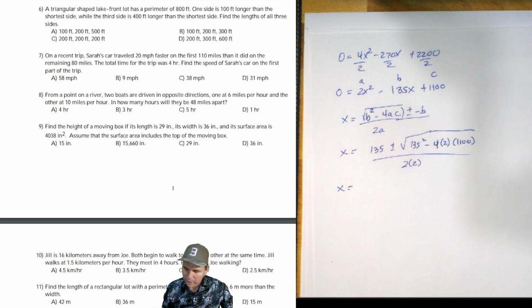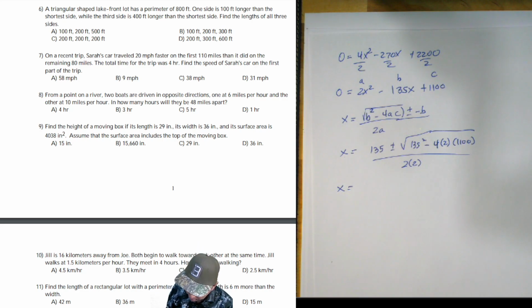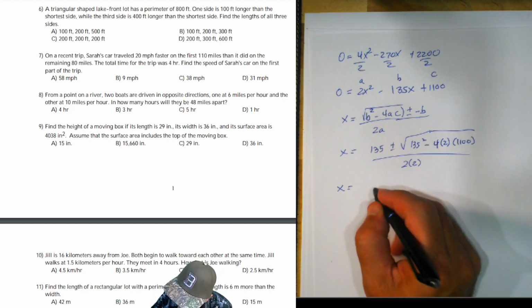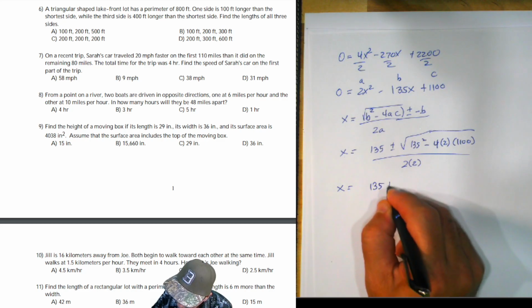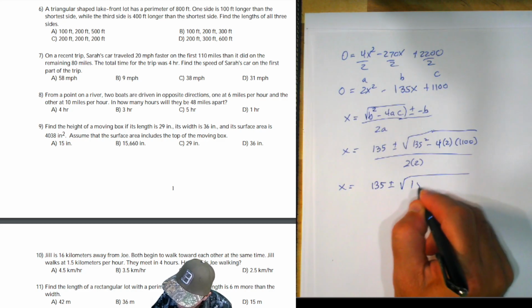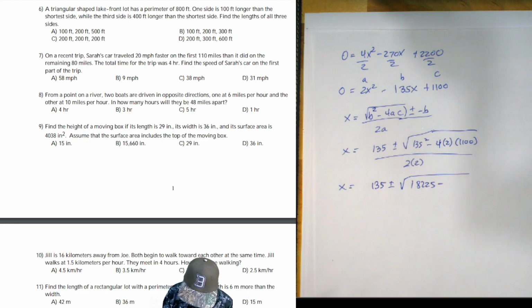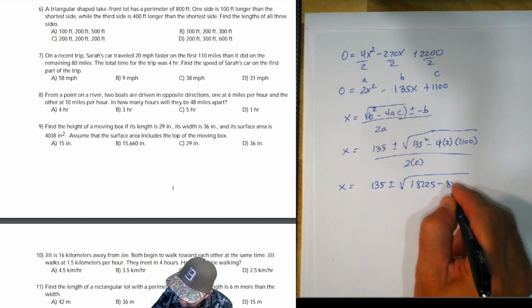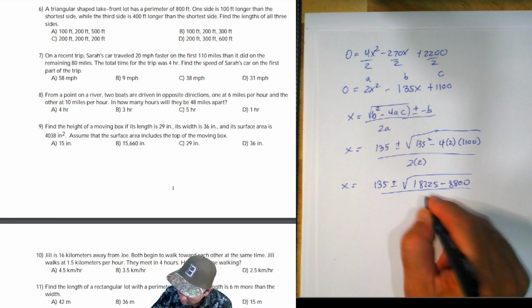So we're going to take our calculator and do a little bit of calculations here. So 135 times 135 is equal to 18,225. So it's going to be 18,225 minus, and then 4 times 2 times 1100 is 8,800, all over 4.